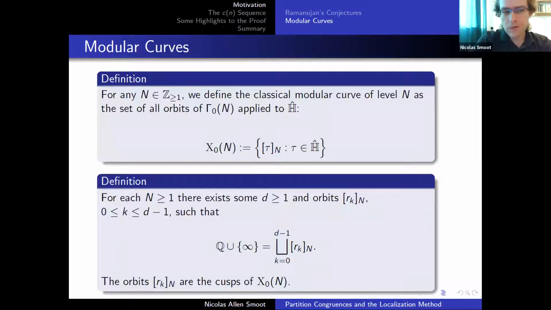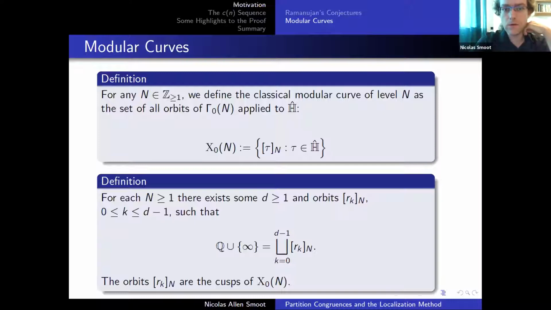And with this in mind, you can define the classical modular curves. These are just the set of all orbits of gamma 0 n applied to h hat. Okay. And it's not obvious by the way you look at this, but the idea is that X0n, the modular curves, are Riemann surfaces, compact Riemann surfaces, in fact. They're very, very well-behaved objects. You can do analysis on them.